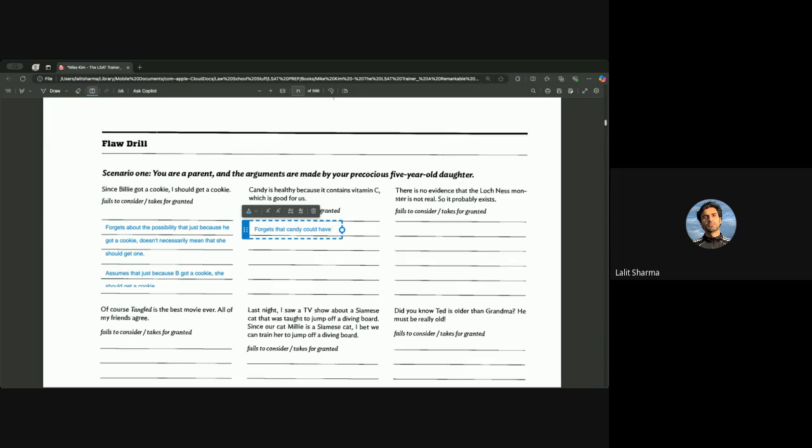Yeah, exactly. And maybe said a little bit differently, could have many things in it that make it unhealthy, unhealthy overall. And then takes for granted or assumes that just because it has vitamin C, candy's good.